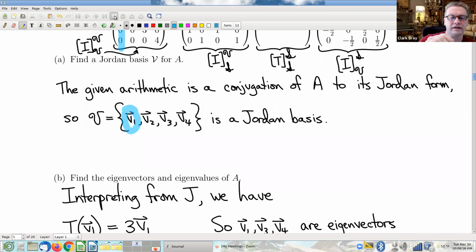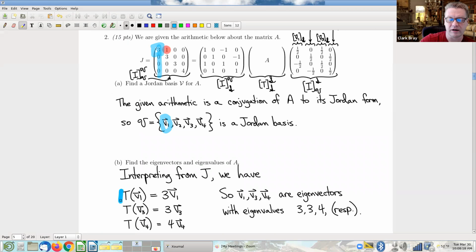And I guess I'll go ahead and tap it out here. V1 is an eigenvector, 3 being the eigenvalue. And then likewise for the others, this says that V3 is an eigenvector, again with eigenvalue 3. And this says that V4 is an eigenvector with eigenvalue 4.